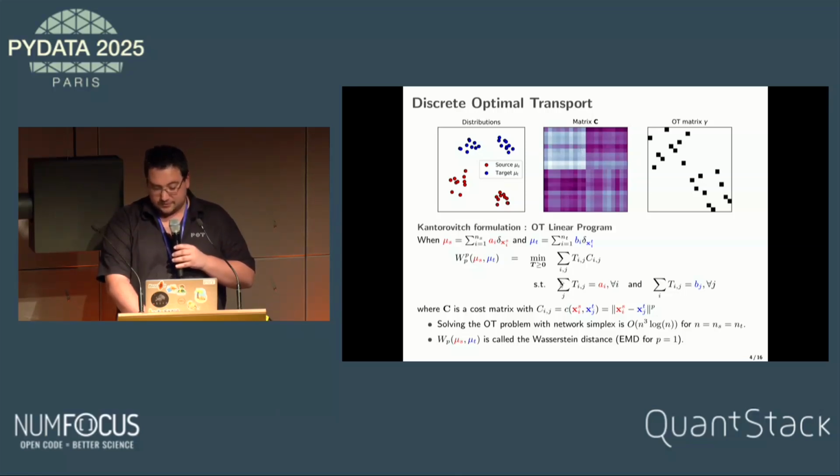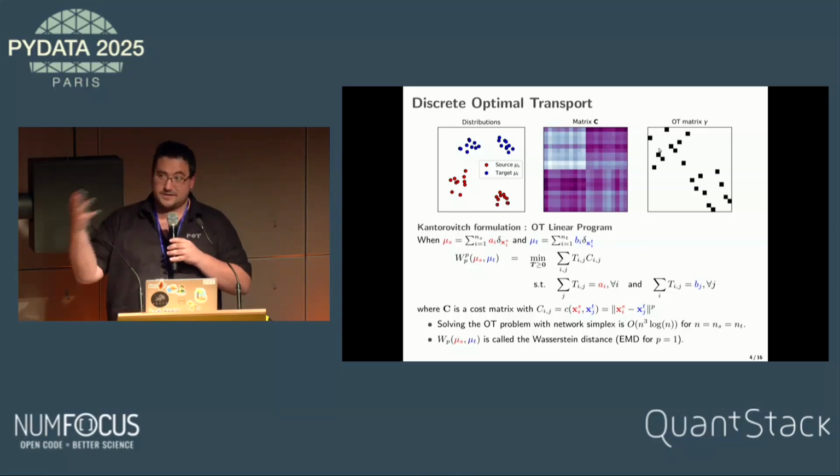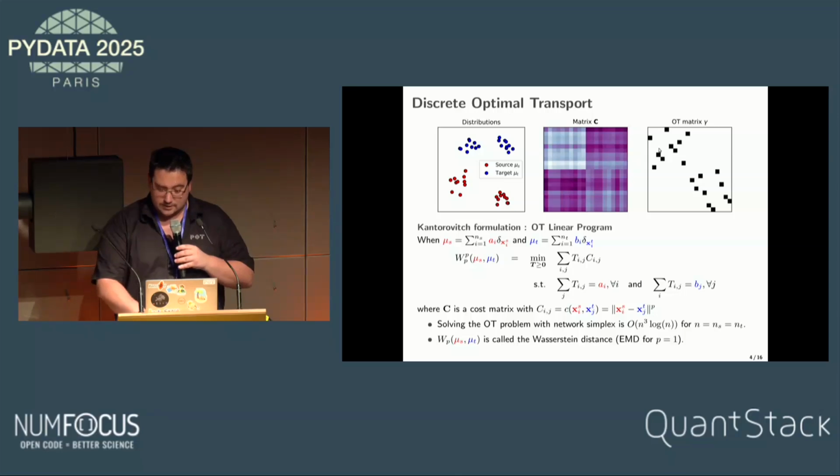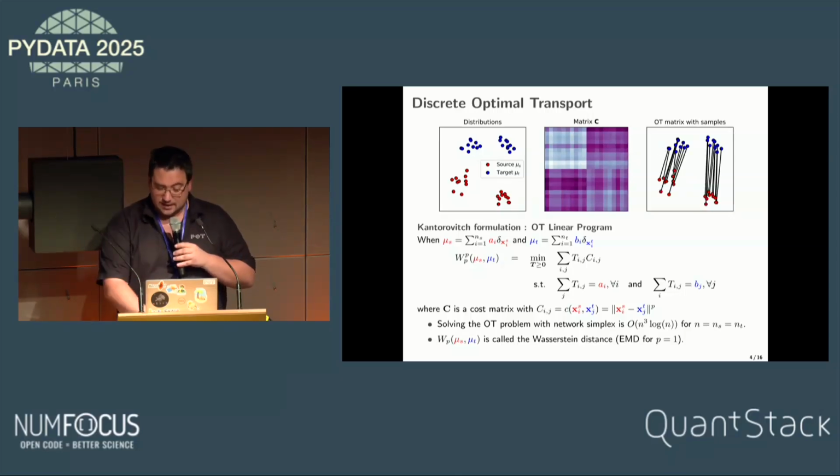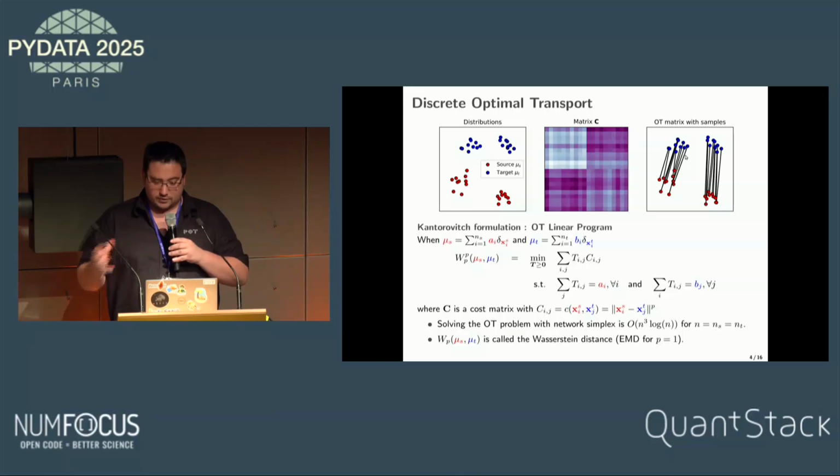And by solving exactly the same problem, you're going to recover an OT matrix that tells you how the mass is moved in the optimal way. You can even visualize it, as you can see here, with black lines that say, this point goes here, this point goes here. So not only is it a way to find correspondences between distributions, but it's going to give you the best correspondences.